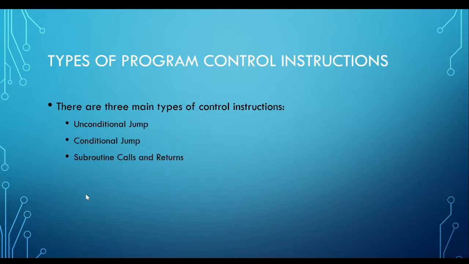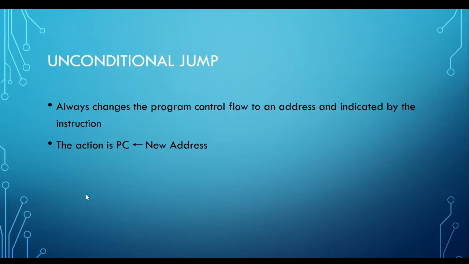Conditional jump means that if this condition holds I jump, I skip these instructions. Unconditional jump means I just jump without any conditions, without exploring whether the Z flag is on or the carry flag is on. Conditional jump, you look at the flags, and then you have your subroutine and return.